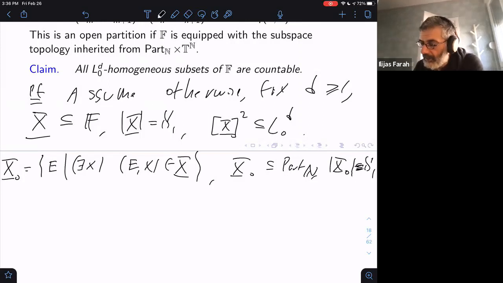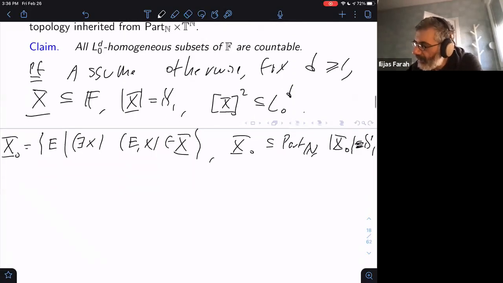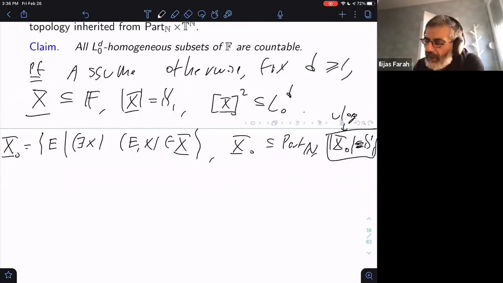Okay, sorry. Well, actually, it's okay. There is a silly thing here, but just in case there is somebody extremely picky in the audience, I'll say that without loss of generality, it is X0 that has cardinality aleph-1. Theoretically, it could happen that X has size aleph-1. Oh no, it cannot.